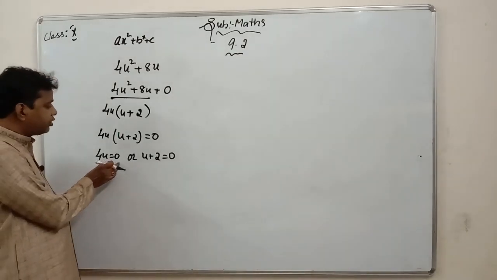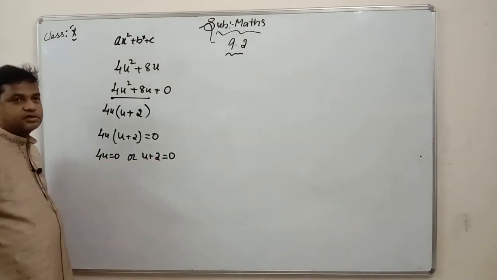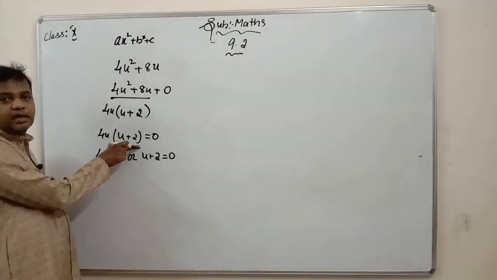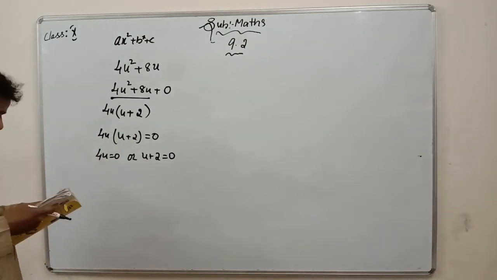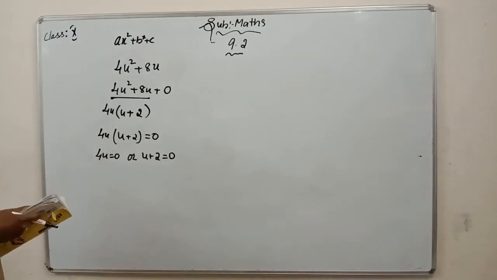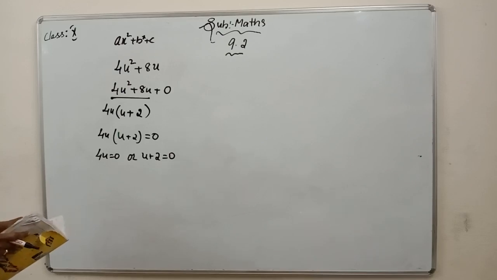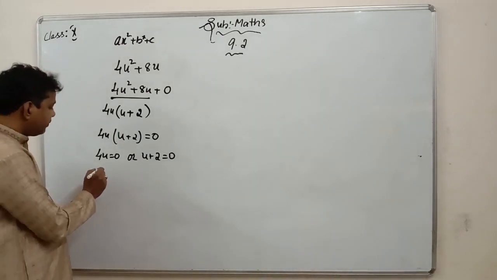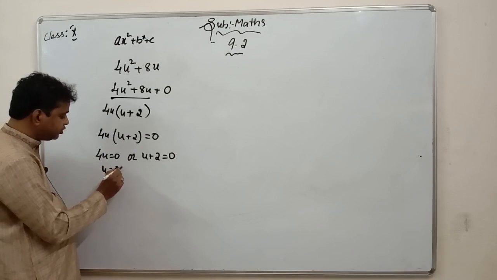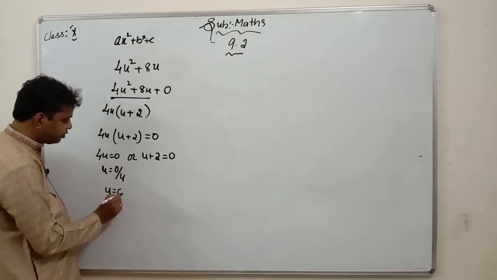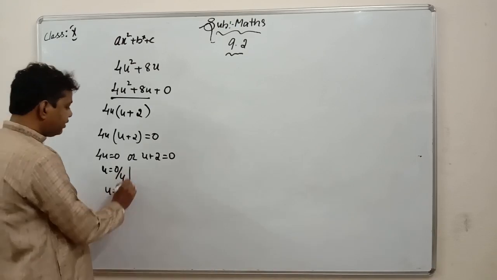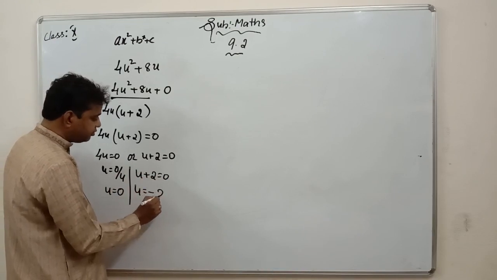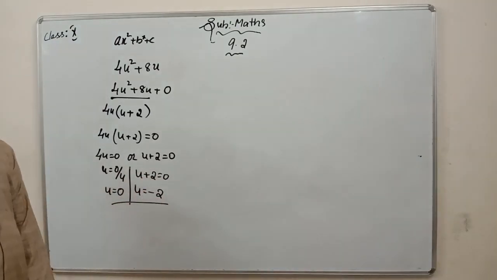If any one of these becomes 0, then only the total equation will become 0. Okay, take down. Now 4u equals 0, so u equals 0 by 4, which is u equals 0. Here if I take u plus 2 equals 0, then u equals minus 2. This is how we solve the problems here.